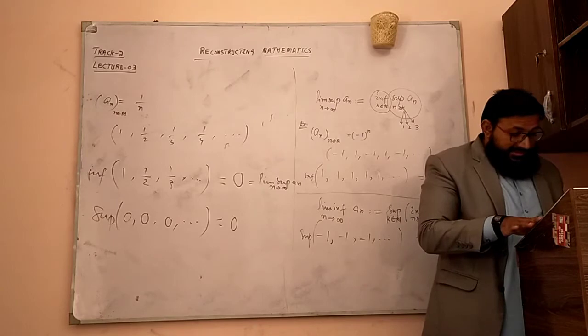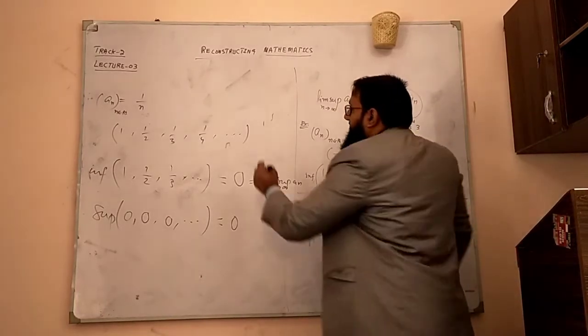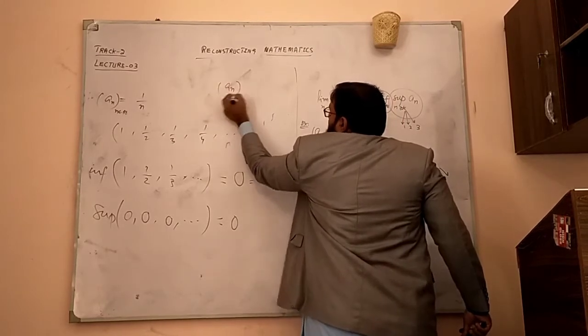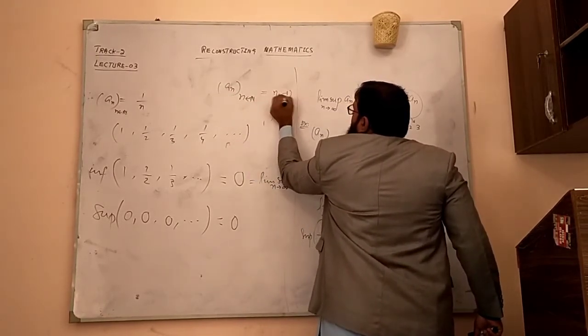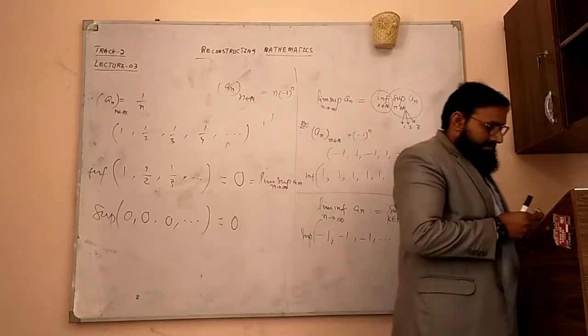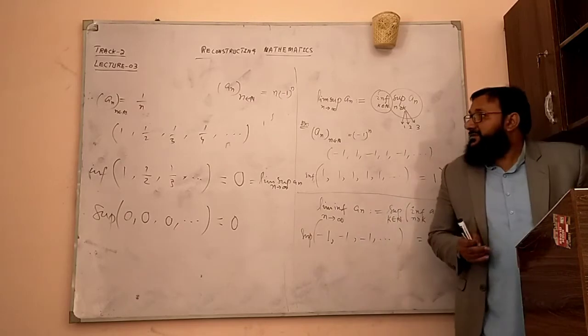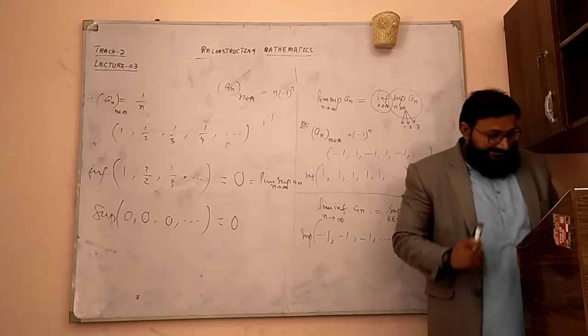I am giving you another sequence as well, and that sequence is this: a_n is n times -1 raised to n. What is the limsup and liminf of this sequence? n times -1 raised to n.